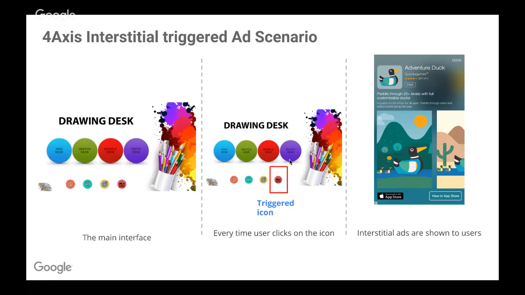In this case, each time the user clicks on the trigger ads icon, the interstitial ad will show to the user. In this placement, the users are happy. This kind of placement can have higher click-through rates because the user already knows beforehand that this is actually an ad.